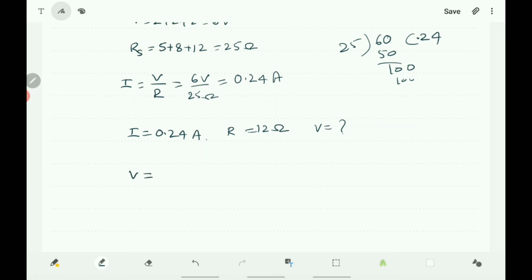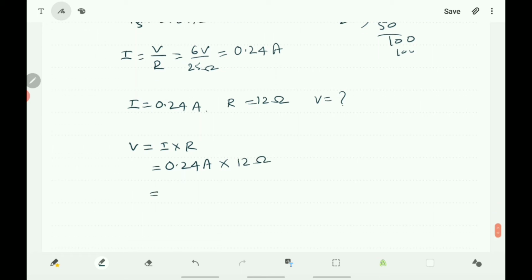According to Ohm's law, V is equal to I into R. I is 0.24 amperes into R is 12 ohms here, and the product of 0.24 and 12 is, 12 4s are 48, 4 carrying, 12 2s are 24, 4 is 28, and here it is 2.88 volts. So V is equal to 2.88 volts.